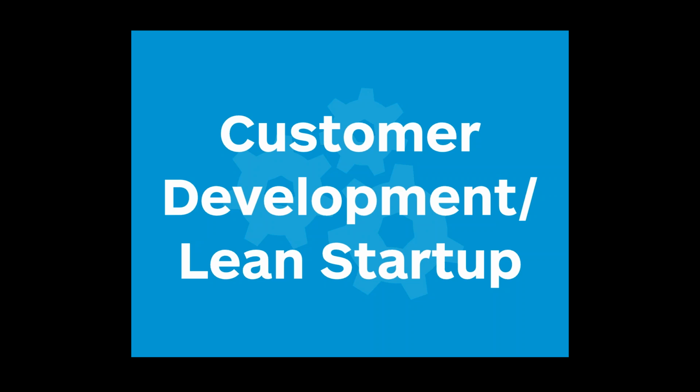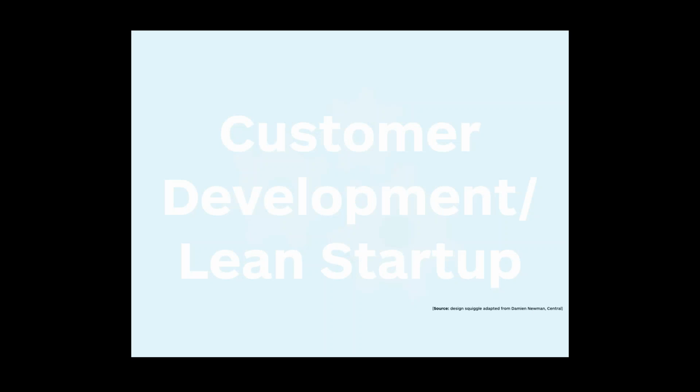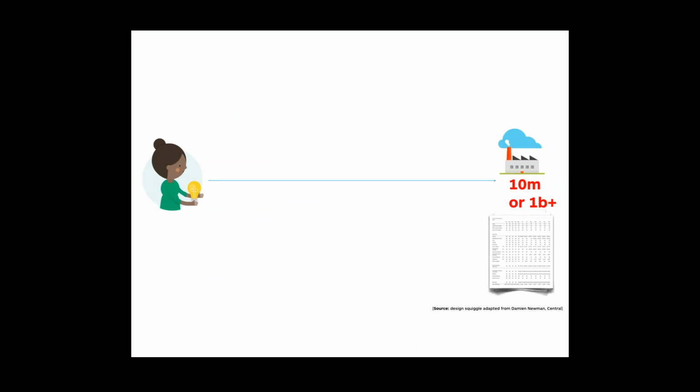So what customer development is all about is simply, right, we've got this idea for a business, and we want to take this idea from $0 today to being a $1 million business, or maybe a $1 billion business in the future, right? And the road to get there is not linear like I showed you.